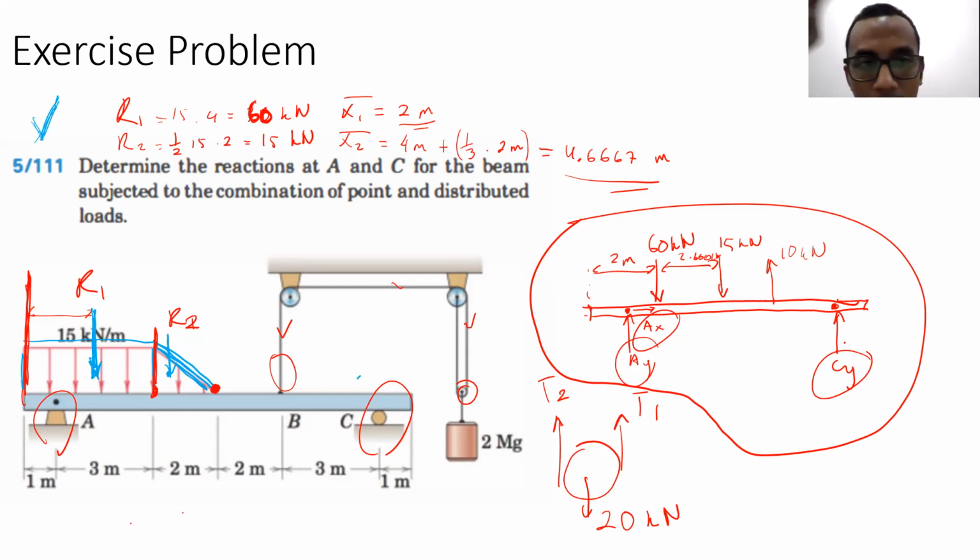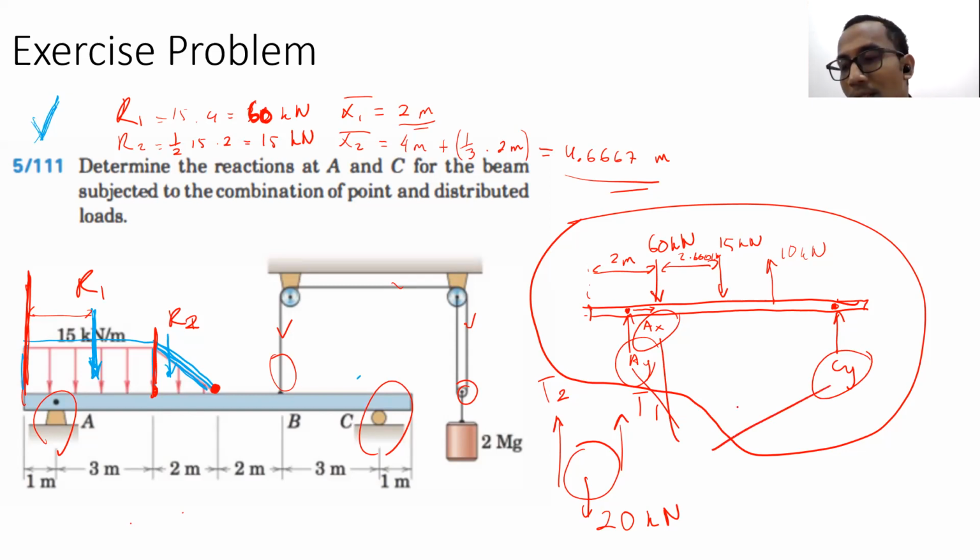For all of you, as I told you, whenever you have a distributed force, you can convert it into a concentrated force at a certain location by finding the resultant force R value and the X bar. But remember, that way can only work for external forces, like this.